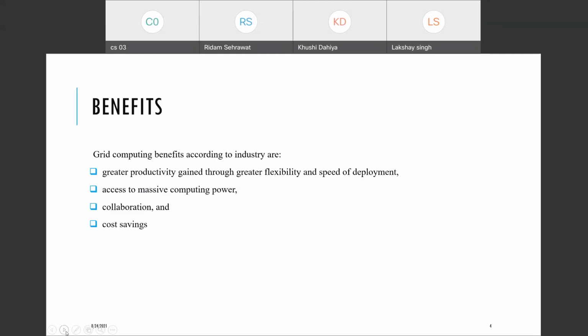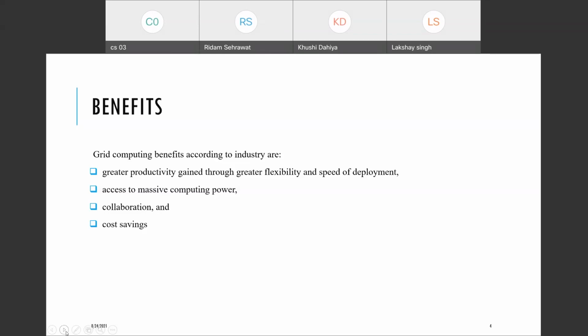Now you think 150 systems are not sufficient, so you add 50 more or maybe 100. Next time you think, okay, your computation is not that bulky, so you can remove those additional systems.